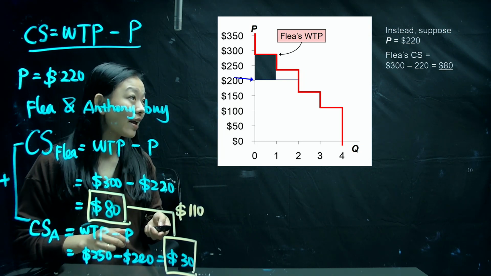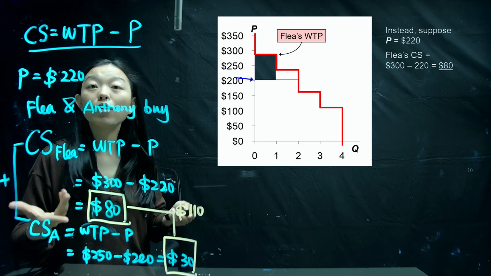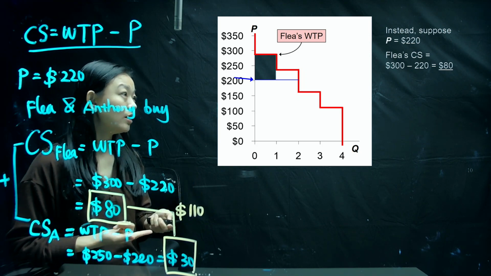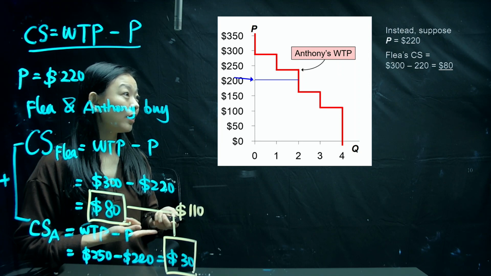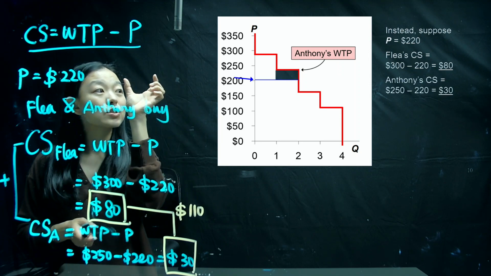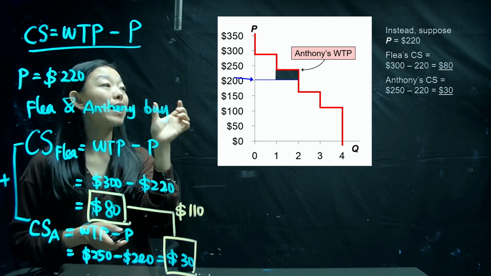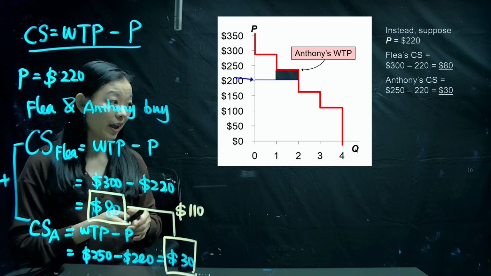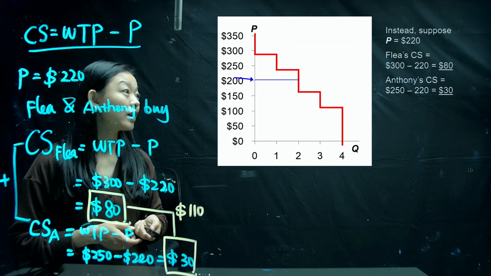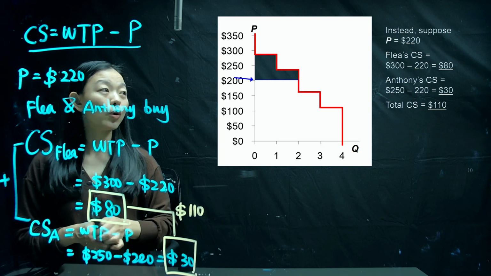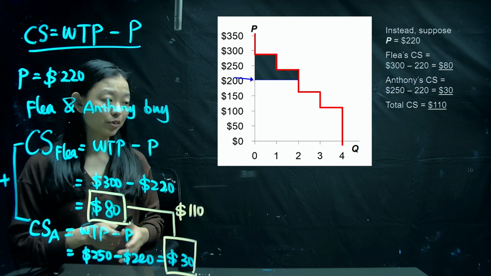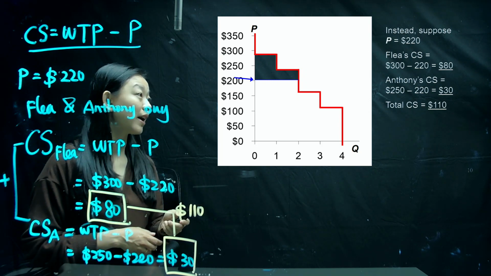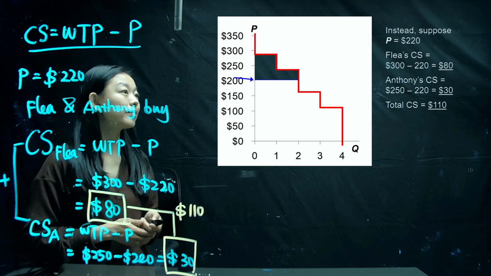And for Anthony, he will also buy an Apple Watch, right? Therefore, you can see this small rectangle here measures Anthony's consumer surplus. So the total consumer surplus here will be this shape, this area, and it equals $110, okay?